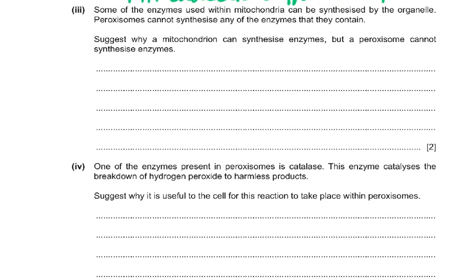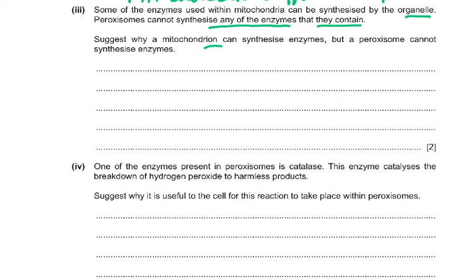Then coming to part 3 of this question, which doesn't seem to end. Some of the enzymes used within mitochondria can be synthesized by the organelle. Peroxisomes cannot synthesize any of the enzymes that they contain. Suggest why mitochondria can synthesize enzymes but a peroxisome cannot. Well, naturally, mitochondria have DNA, the genetic material, and they have 70S ribosomes, which are the site for protein synthesis.